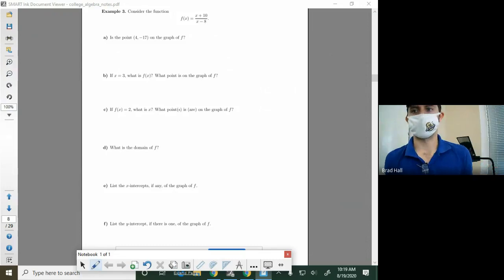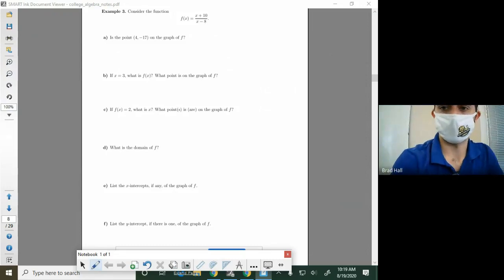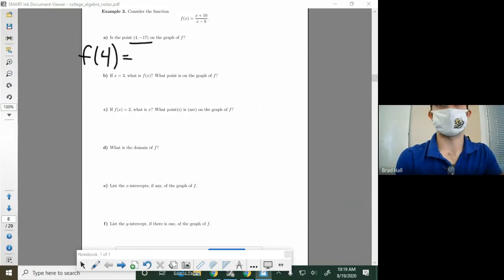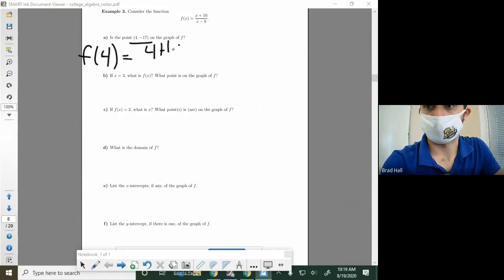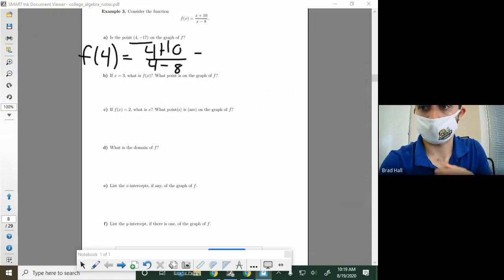Well, how do we figure that out? Since this is an ordered pair, we plug in 4 for x, because it's the x value, and we see if the output is -17 or not. That's all that means. So now we have 4 plus 10 divided by 4 minus 8.